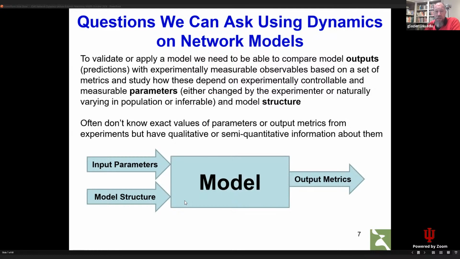And so this comes back to a general question, which is what kinds of questions we can ask. We think of a model as essentially a model structure, the kind of diagram that we just drew, and possibly the functional forms of the rate laws.